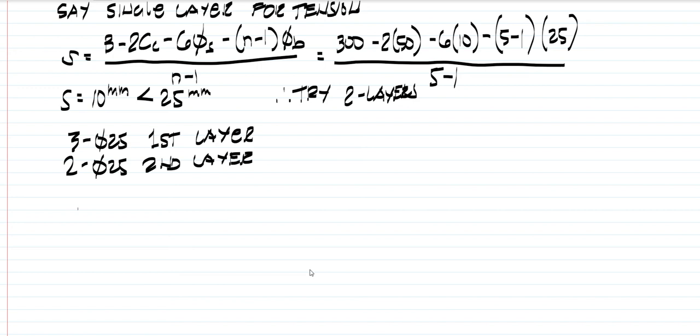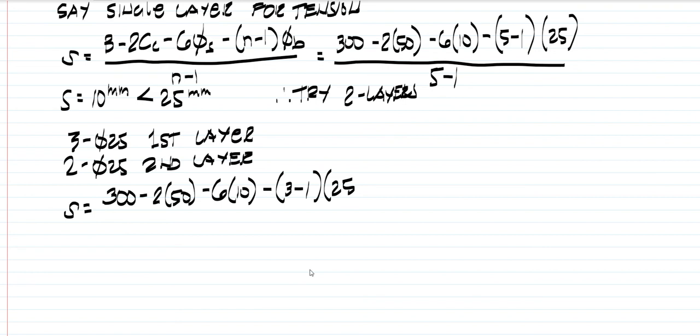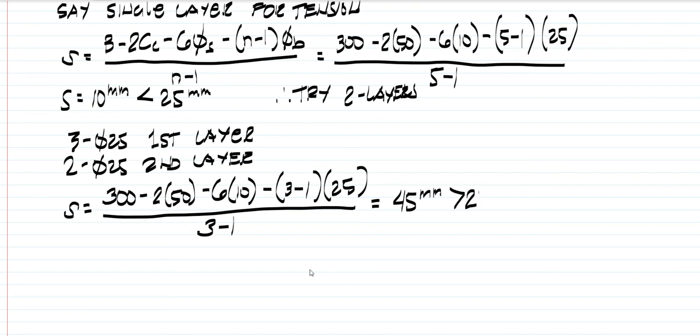So, to check, that is S is equal to 300 minus 250 minus 6 na 10 minus 3 minus 1 na 25 divided by 3 minus 1. So, that will be a value equivalent to 45 mm. And this is greater than our value 25 mm. Therefore, okay yung spacing na yun.